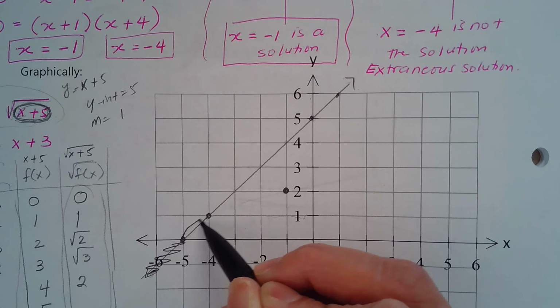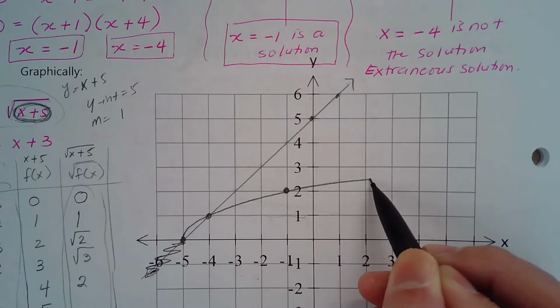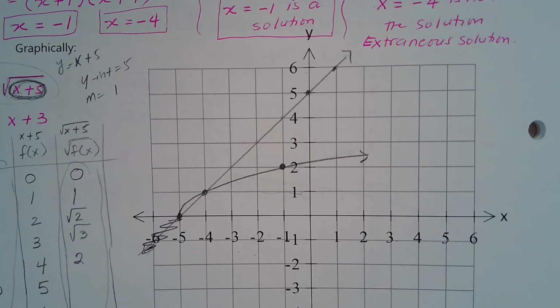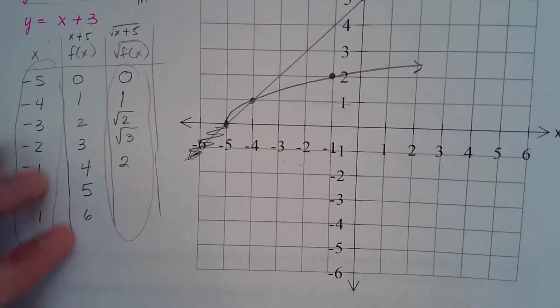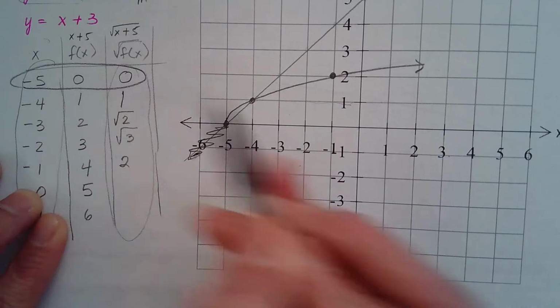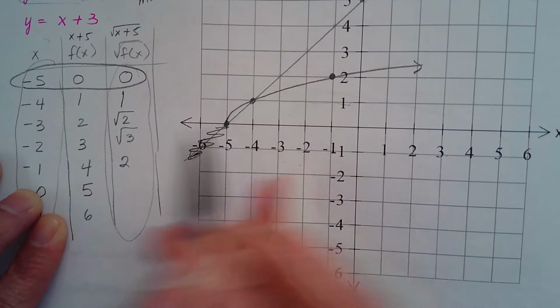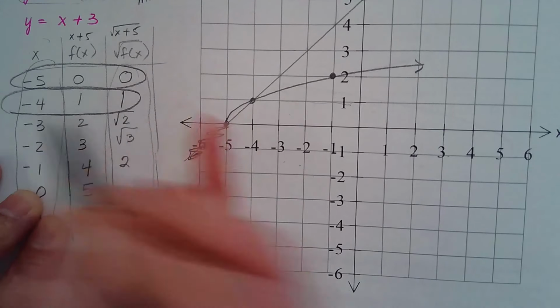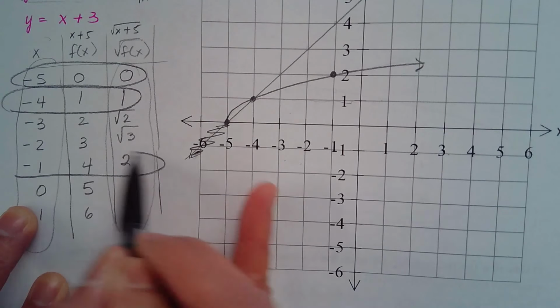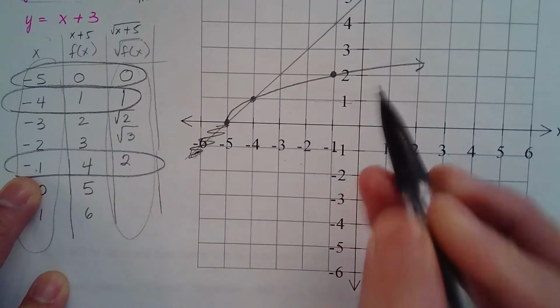So this is your root of the function. Okay? Those are the points. The negative 5, 0, this one. The negative 4, 1, that's this one. And then the other one is negative 1, 2.